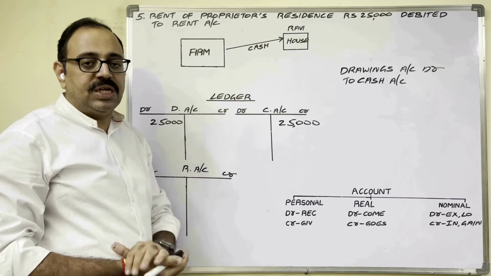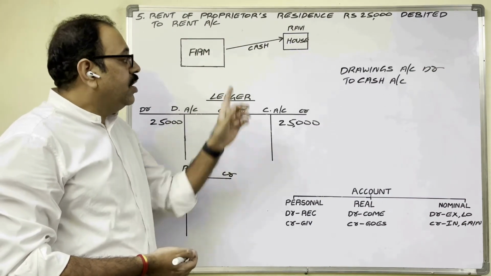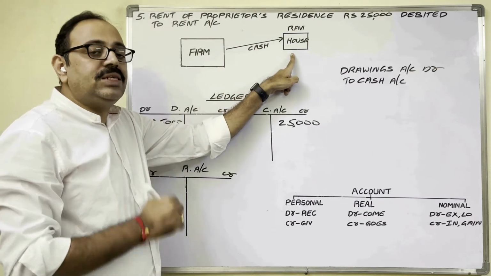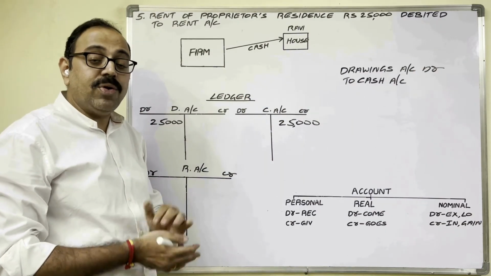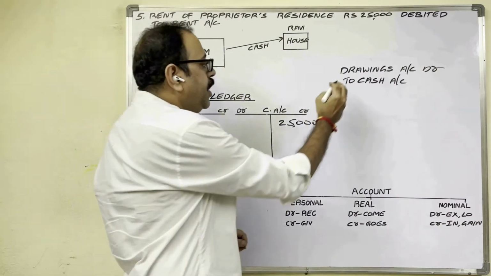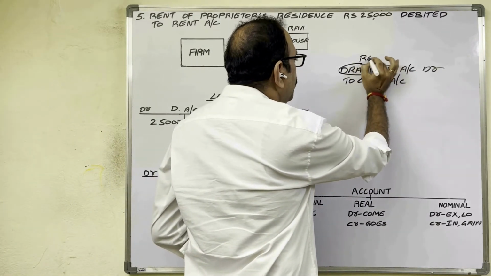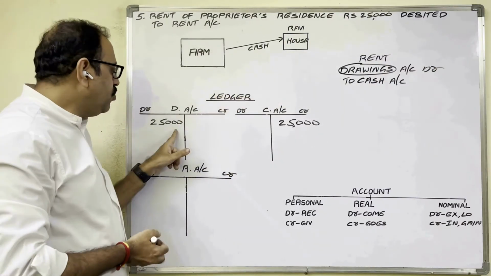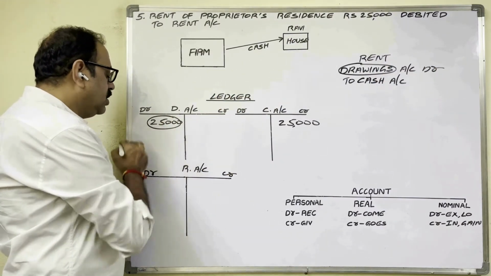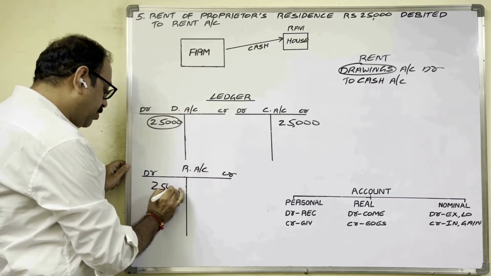Rent paid for business: the entry is rent account debtor to cash account. Rent paid for owner's residence: the entry is drawings account debtor to cash account. The accountant doesn't know about this. He debited the rent account instead of debiting the drawings account. As per this wrong entry, nothing was debited in the drawings account and in the rent account 25,000 rupees was debited.